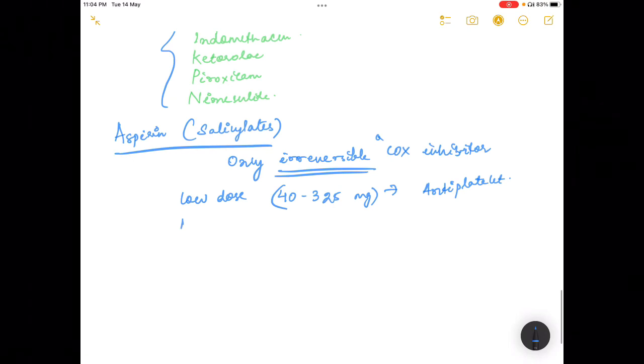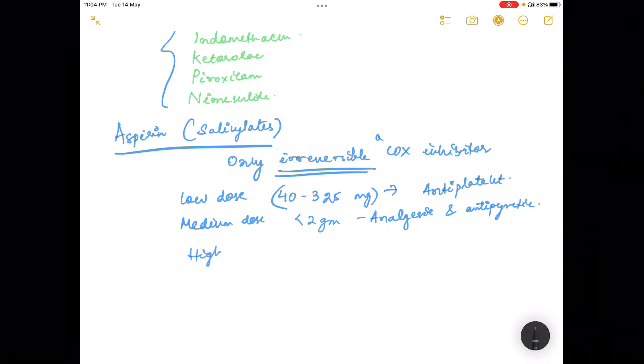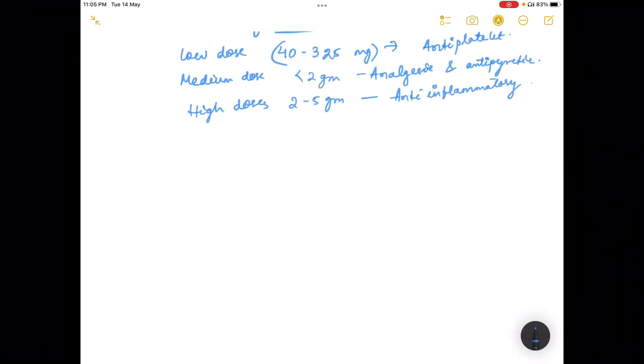In the medium dose, at a dose less than 2 gram, it has analgesic and antipyretic action. At high doses, 2 to 5 gram, it has anti-inflammatory action. Apart from this, aspirin and indomethacin are useful for closure of the ductus arteriosus in patients with PDA.